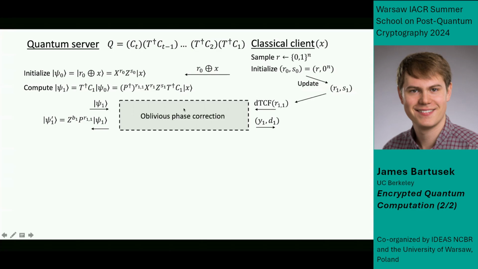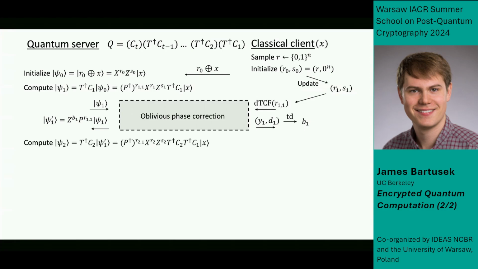So basically what's happening in this box is just the measurement that we saw a couple slides ago. The client gets the measurement results, and then using the trapdoor for the dual mode TCF, the client can recover this bit B1. Okay, so what was the Z error that resulted on the server's side? This is just opening up the black box of the oblivious state preparation protocol, which was then used for phase correction, right?